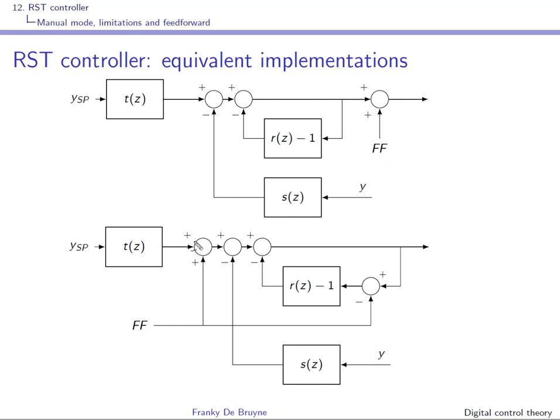But if you put it at the front, of course, you change the implementation, because you have added too much in this loop here that comes back, since the feedforward is only added at the end. So what we'll do is add it in front and we'll subtract it in this feedback path, and again you obtain an equivalent implementation.